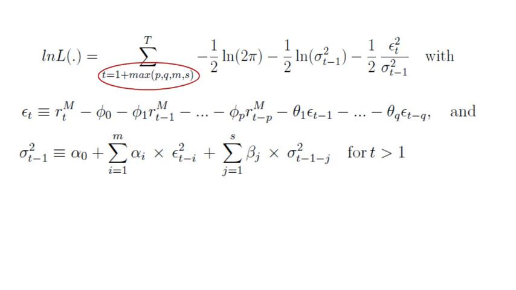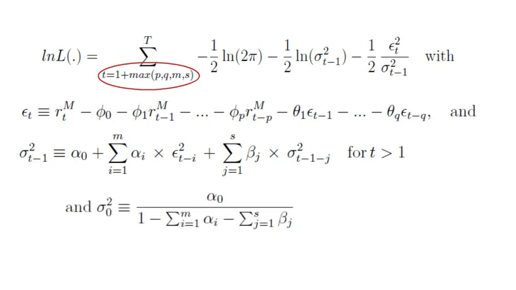And then we have that the sigma square 0 is given here by the unconditional GARCH MS variance. Now you have the log likelihood function. You could program that up, use your optimization routine, and find the parameters.